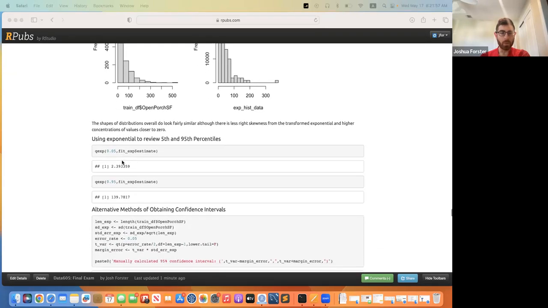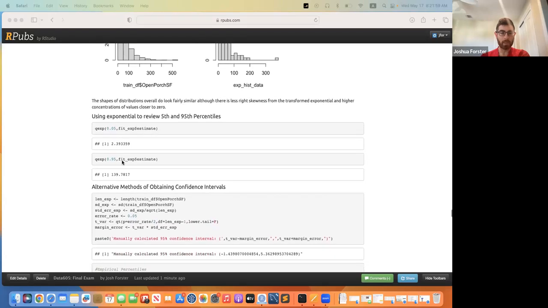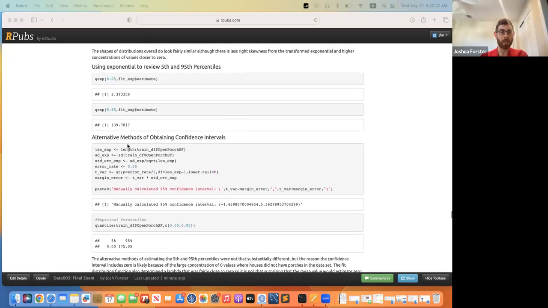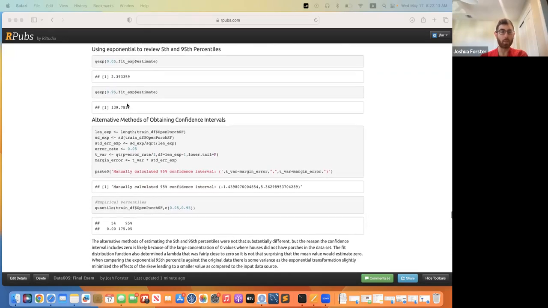When we look at the percentiles overall, we are using the standard R function for the exponential quantile, using the lambda rate, and we're putting in the percentile to get the value that we want.